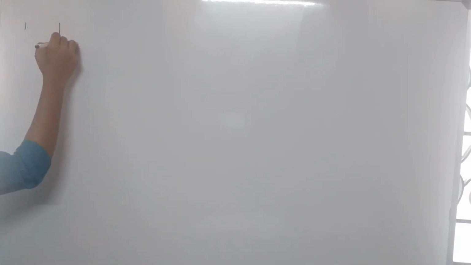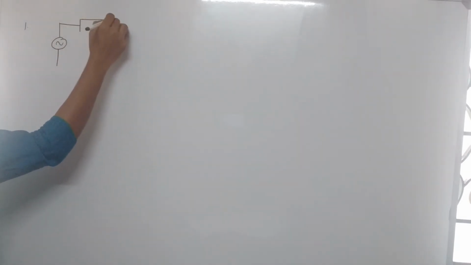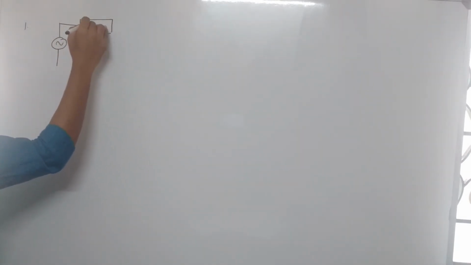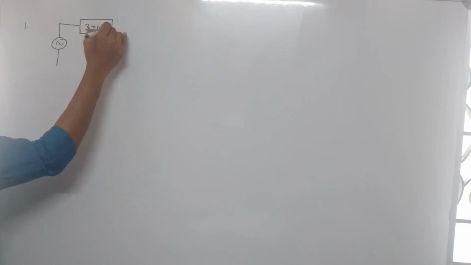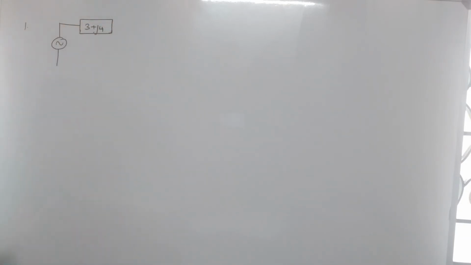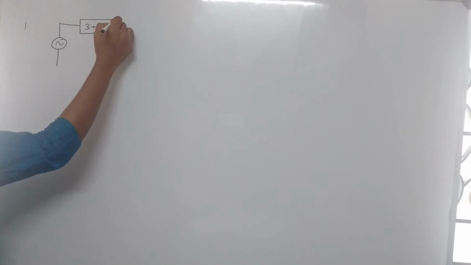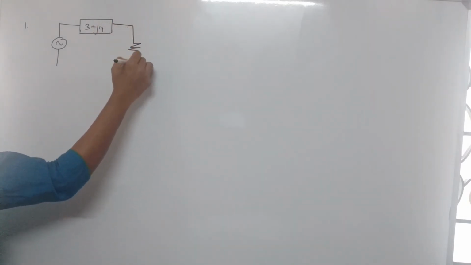The question is, find out the value of load for which maximum power transfer takes place. So the first question is, you are given a circuit. Let this be 3 plus J4. This is a variable load.